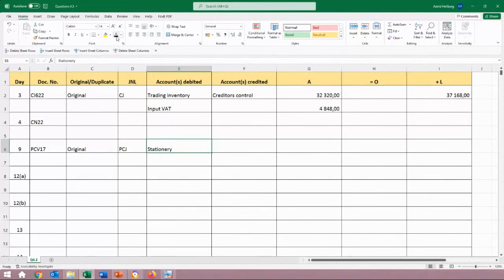Now, under which category will I account for the amount for the stationery? Sandile says owner's equity. That is absolutely correct. Sandile, do you think the owner's equity will increase or decrease with the amount of stationery?